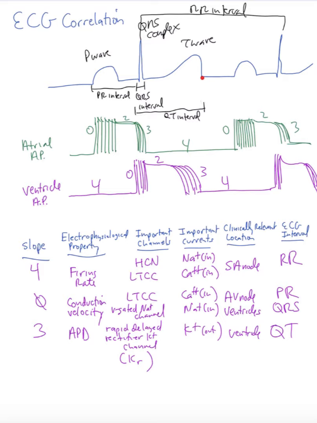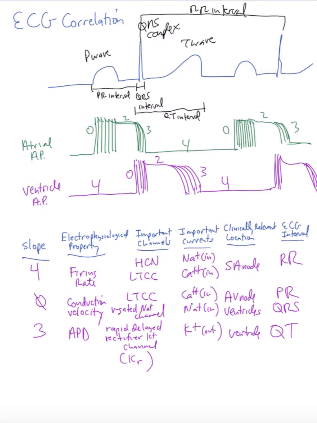And then there's a TP segment until we get to the P wave again, and then we have the PR segment and QRS complex again. From one QRS complex to another, that's called the RR interval. So we have now our four important intervals: the PR interval, the QRS interval, the QT interval, and the RR interval.